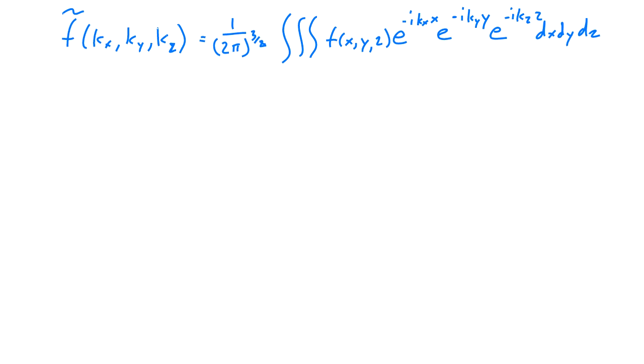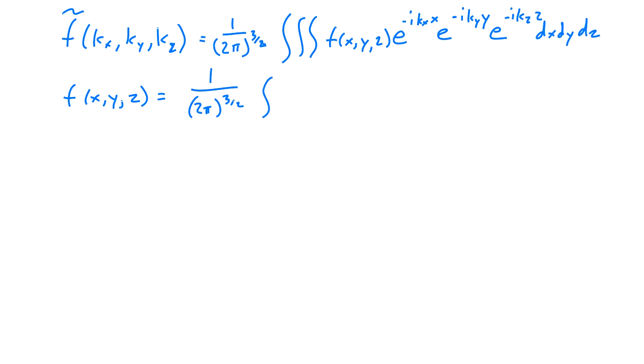And so that would be the Fourier transform. For the inverse transform, it's going to basically be the same thing. We have the same coefficient in front, because again, we're basically doing 3 of everything.